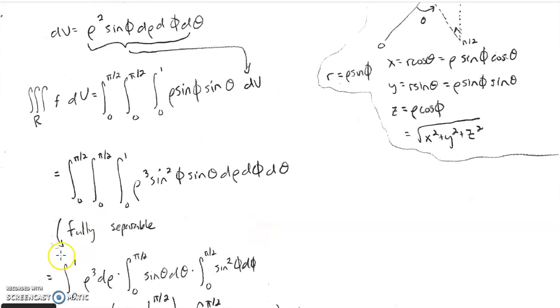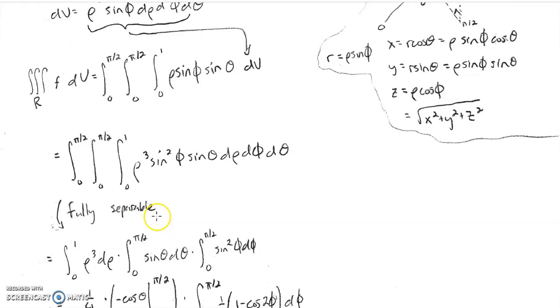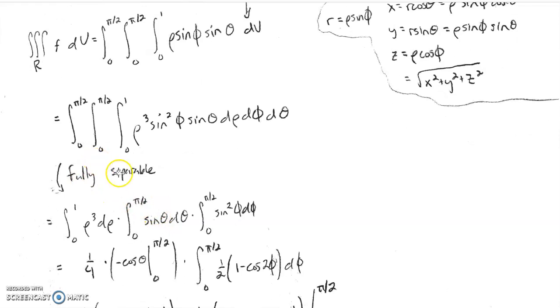So this is fully separable. What I mean by that is the rhos, the phis, the thetas, there's nothing that can't be separated. We've been doing this a little bit when we were doing cylindrical coordinates with the thetas, but we can separate all these integrals out.